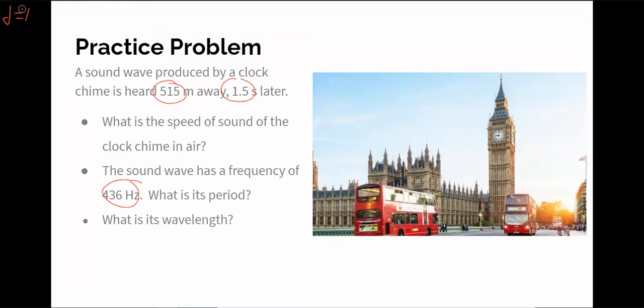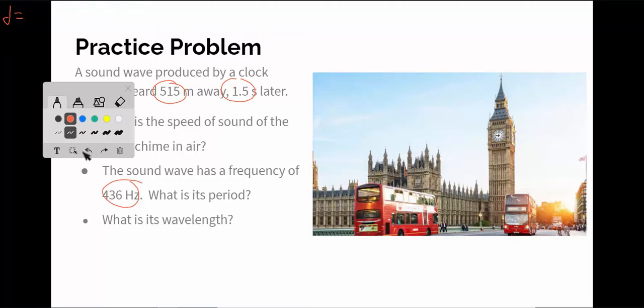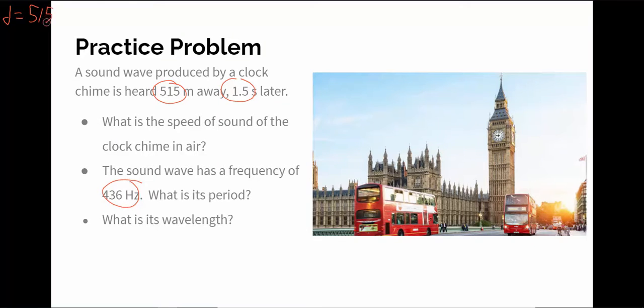So it gives us the distance is 515 meters. And the time, it says 1.5 seconds. And then it says a frequency of 436 hertz. Okay. And it asks, the first thing it says, what's the speed of sound of the clock chimes there?